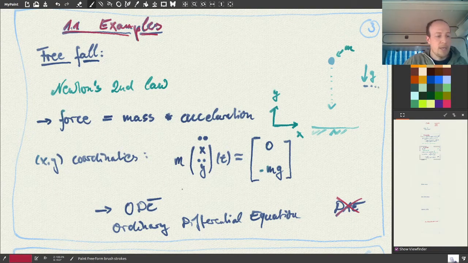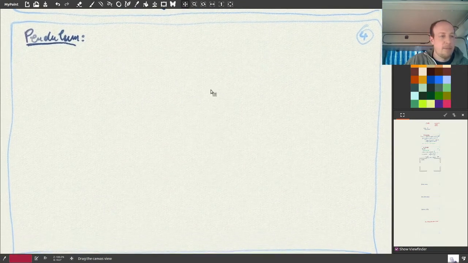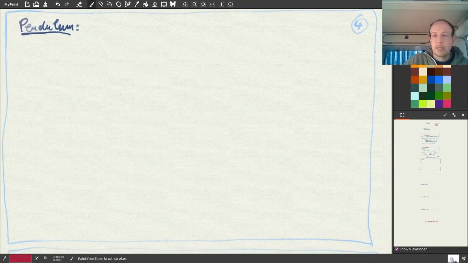How will this now become a DAE? The canonical example that we will use for that is now the pendulum. So the pendulum, how can we draw this? Here we have this point mass of mass m, but now it will be attached to a string, and the string itself will be fixed to the ground.